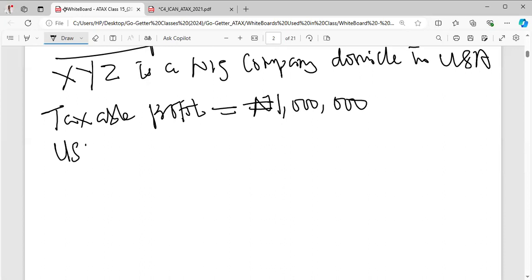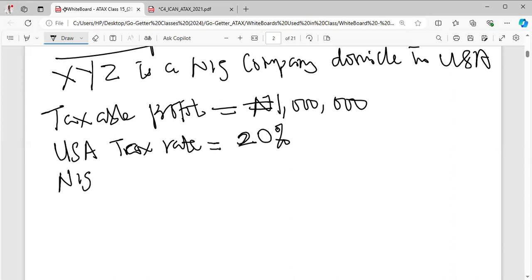USA tax rate happens to be, let's say, 20%. Nigeria tax rate is what? 30%.